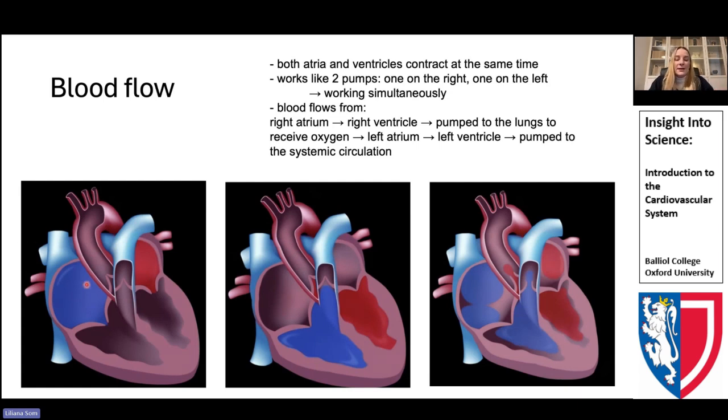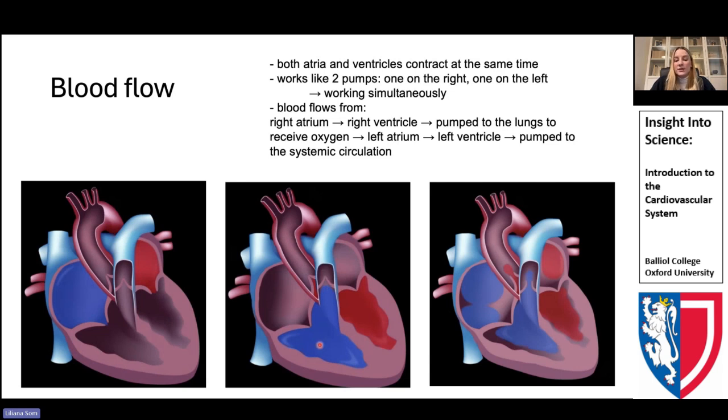So if we start with the right atrium, then the blood flows into the right ventricle, here in blue, and then once the ventricle contracts, the blood goes into the pulmonary circulation through the pulmonary artery.